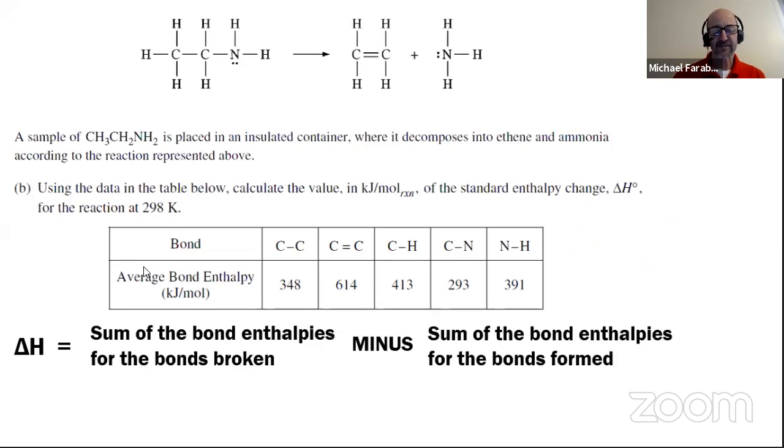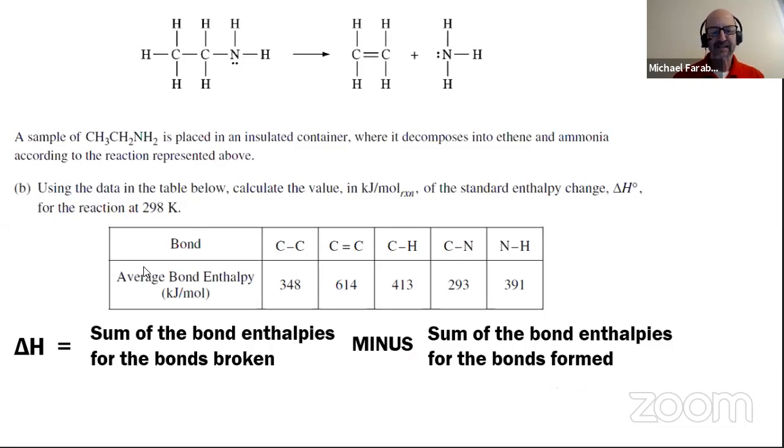The delta H has to do with the endothermic process, which is a positive number for breaking bonds, and then the exothermic process for forming a bond. And that's where that minus sign comes from, that the minus sign is attached to the formation of the bonds, because forming a bond is an exothermic process.